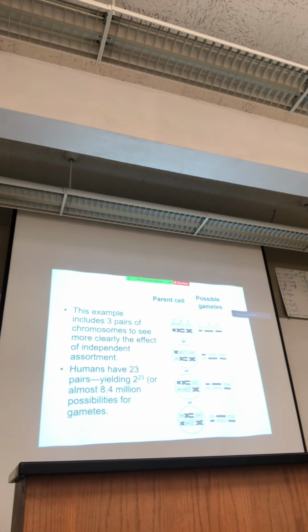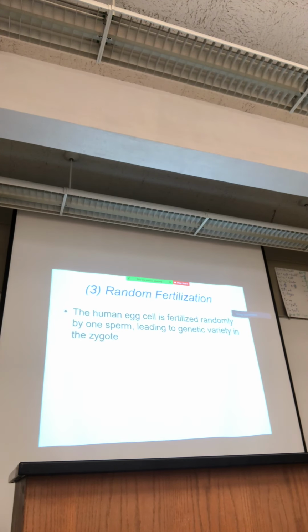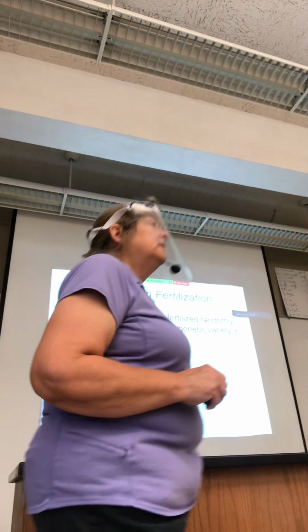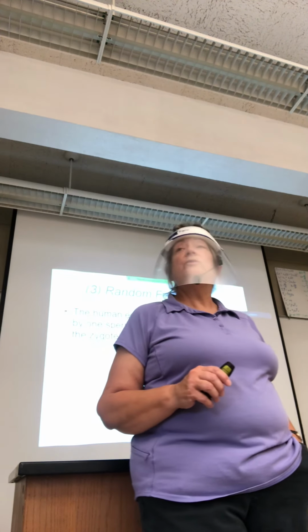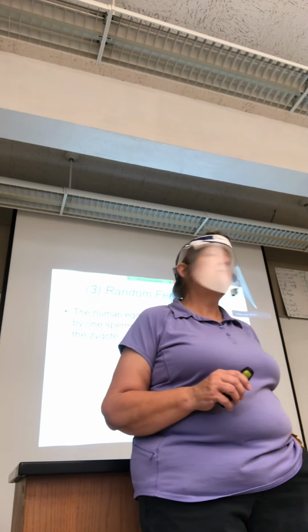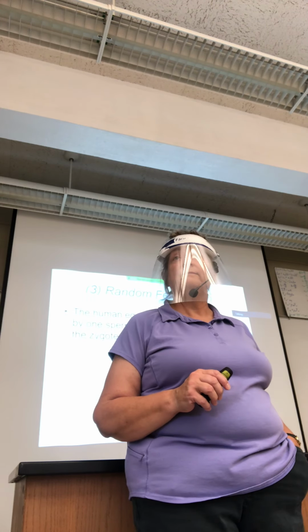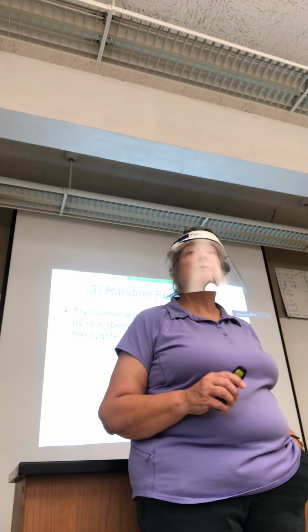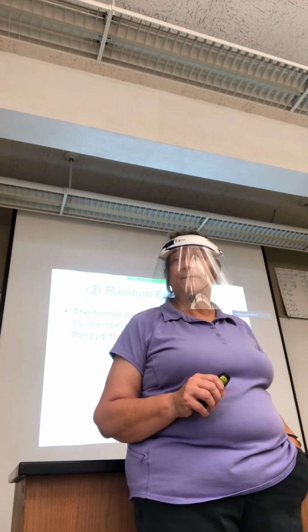But then when you add into that what we call random fertilization, and this can actually mean 2 different things. It can mean which pollen granule gets to which flower is random. It can also mean which sperm gets to which egg is random.